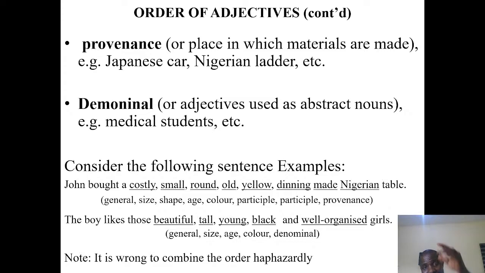Let us look at the examples given. John bought a costly, small, round, old, yellow, dining-made Nigerian table.